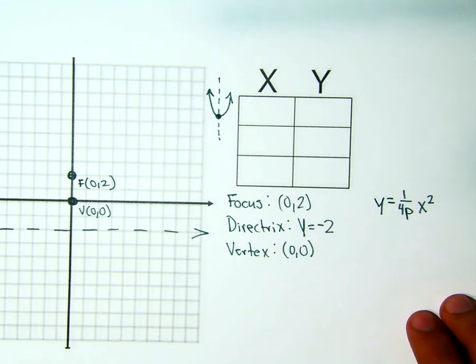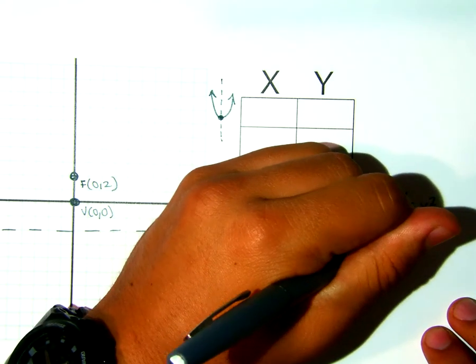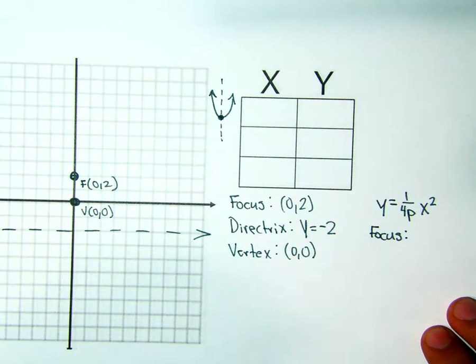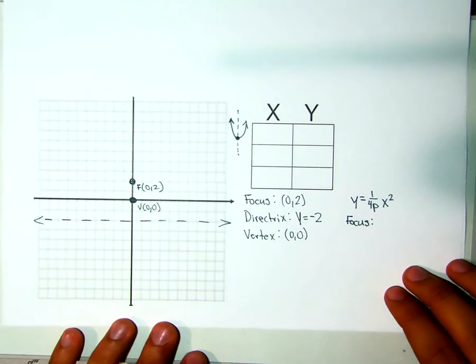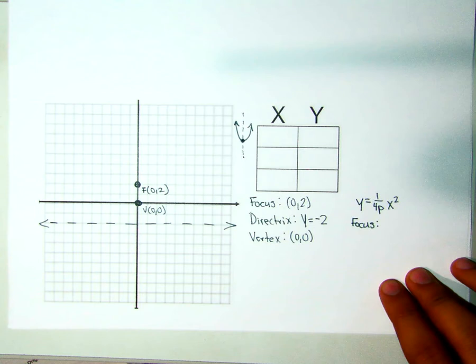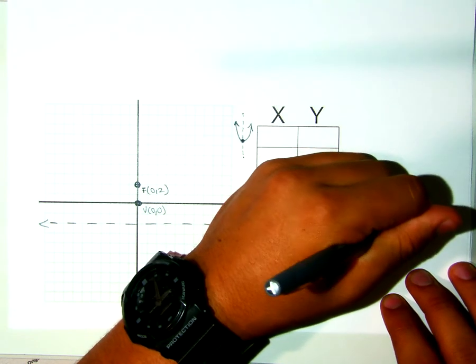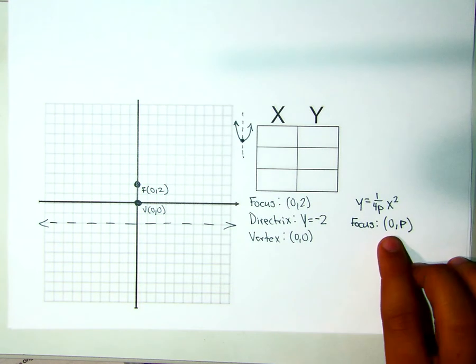They also tell us that the standard form of the focus is (0, p). The focus is (0, p).